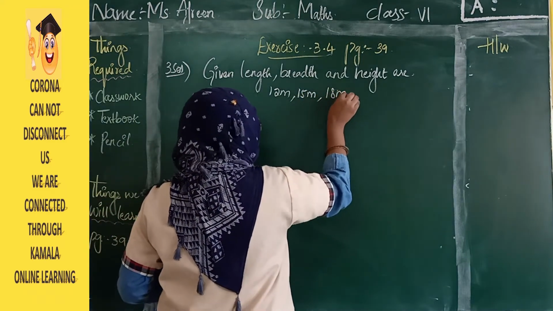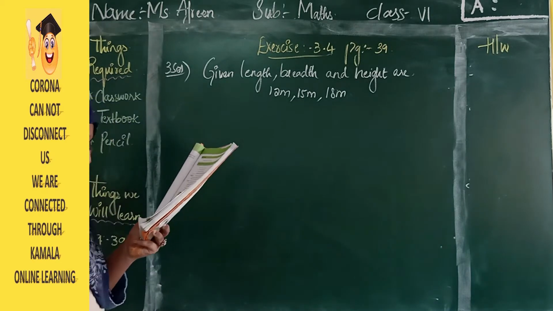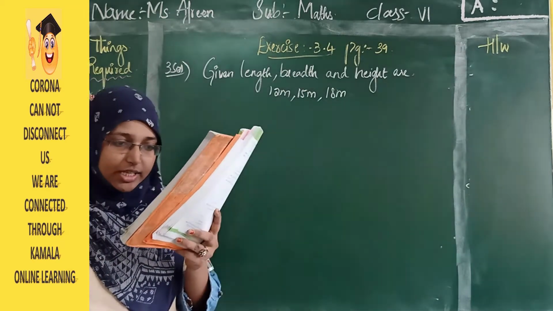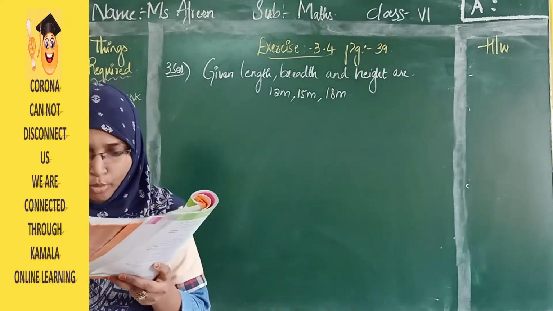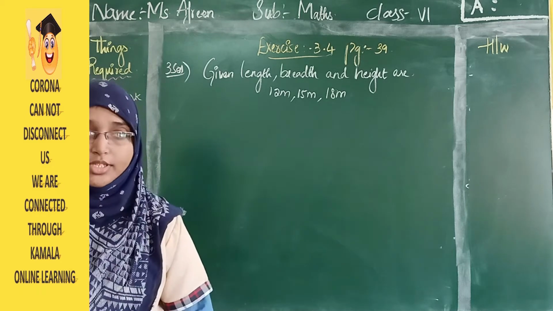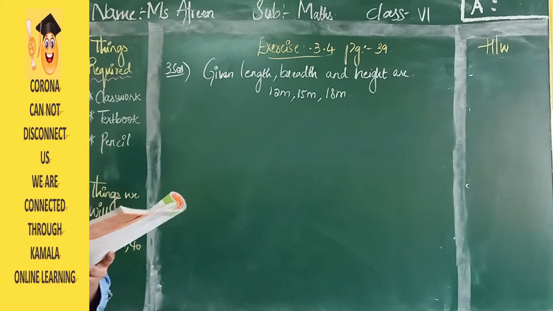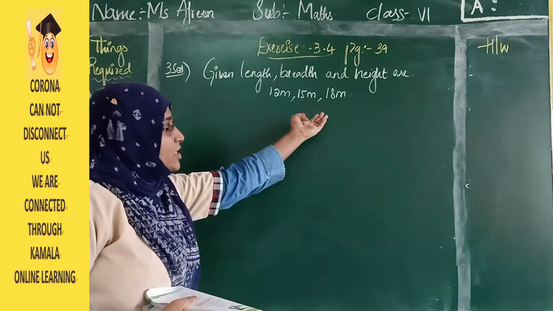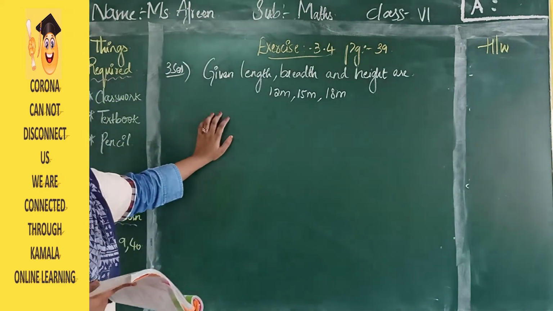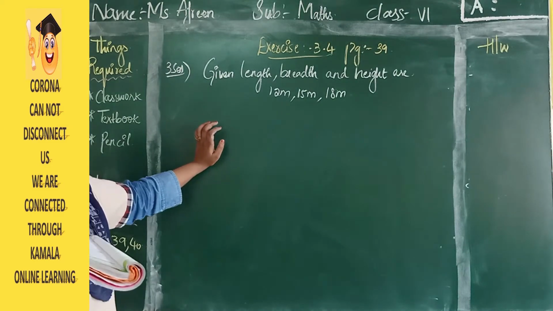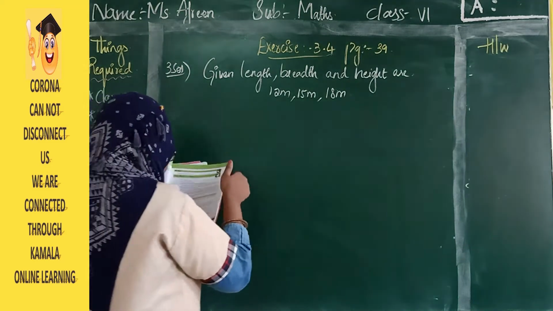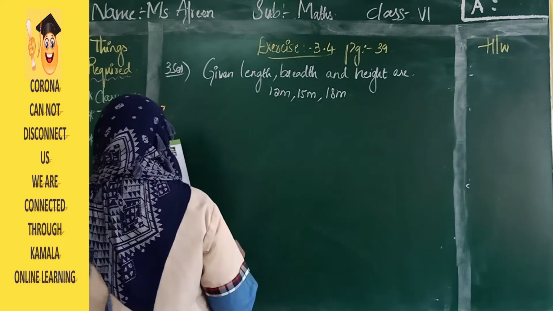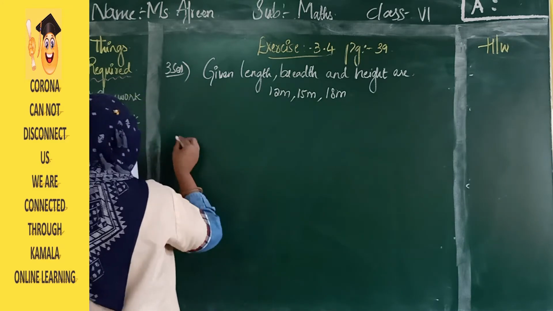Okay. Now what they asked: determine the length of the longest stick that can measure all the dimensions of the room in an exact number of times. So we need to find the HCF. The HCF of the given numbers will give you the value of the longest stick. Means the HCF of the given numbers will tell you how much measure you want for the longest stick.